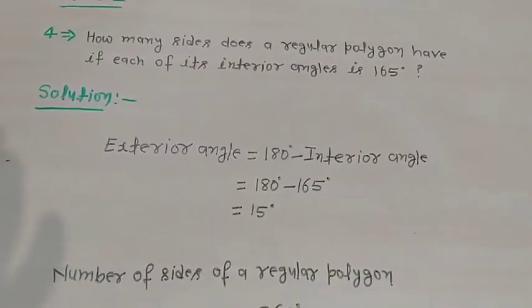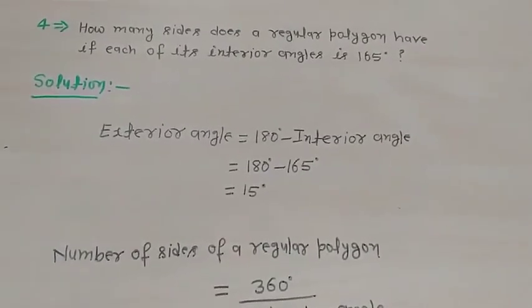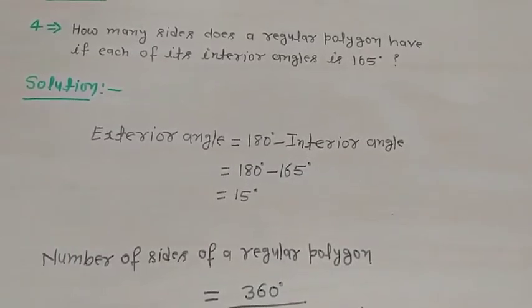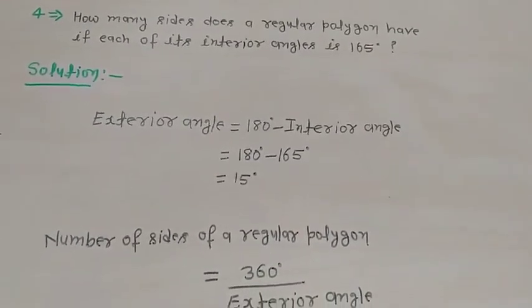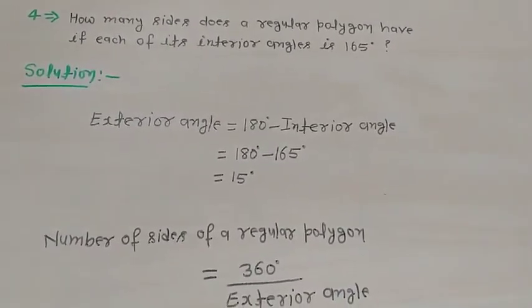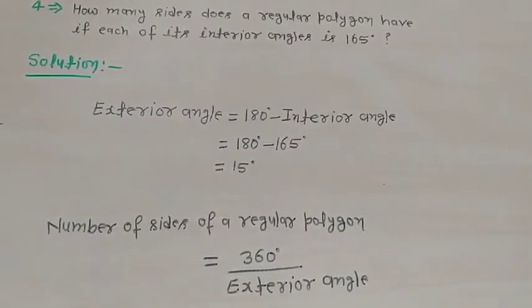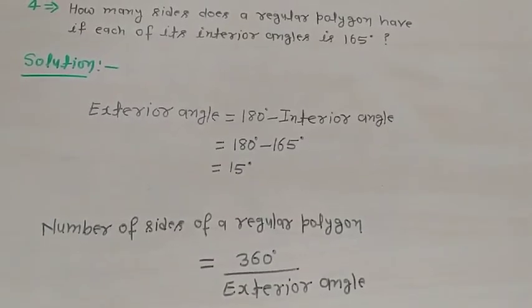So this is your question. How many sides does a regular polygon have if each of its interior angle is 165 degree? So we know that sum of interior angle and the exterior angle is equal to 180 degree. So exterior angle is equal to 180 degree minus interior angle, and interior angle is given 165 degree.